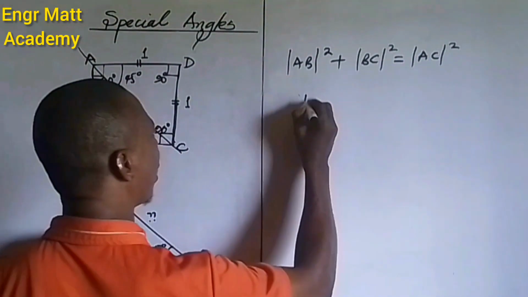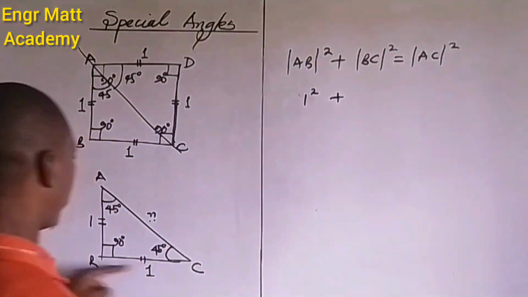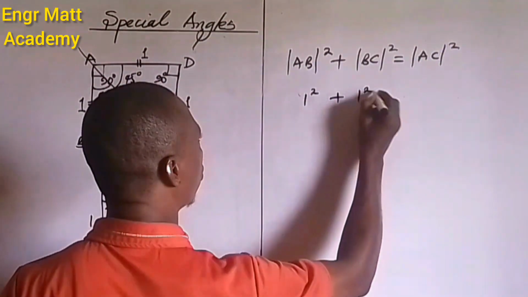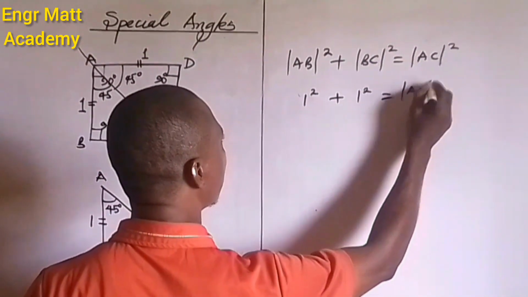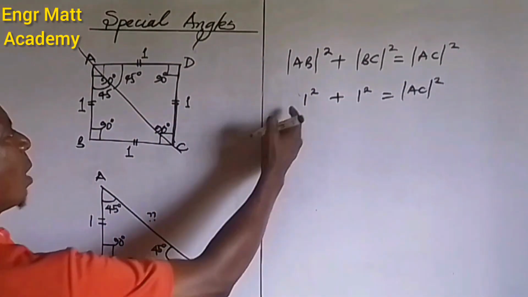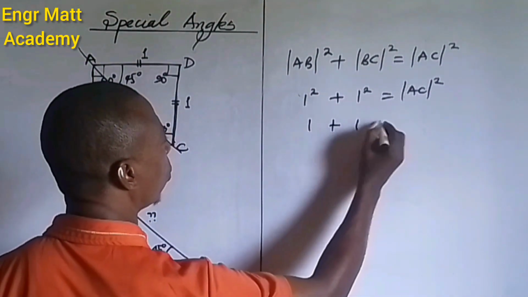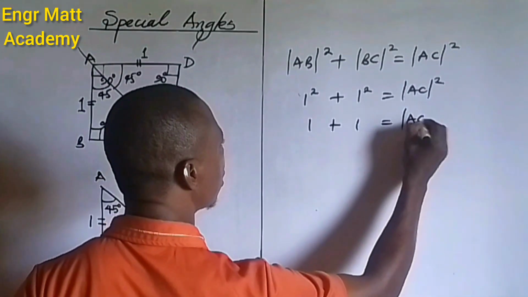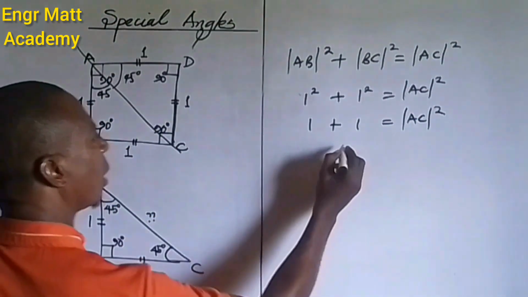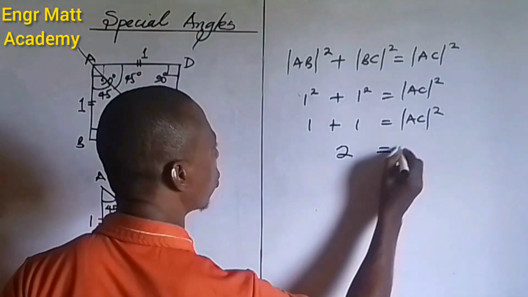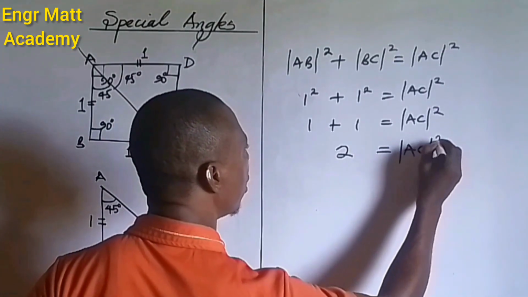AB na 1 squared plus BC 1 squared equal to AC squared. 1 squared is 1 plus 1 squared is also 1. This one will give us AC squared. 1 plus 1 na 2. So 2 is equal to AC squared.